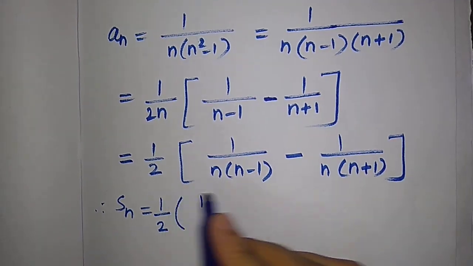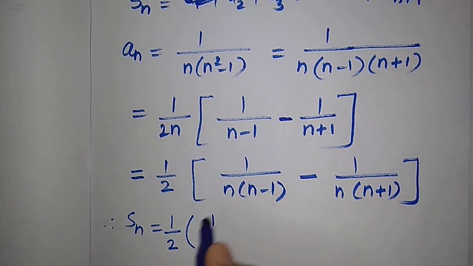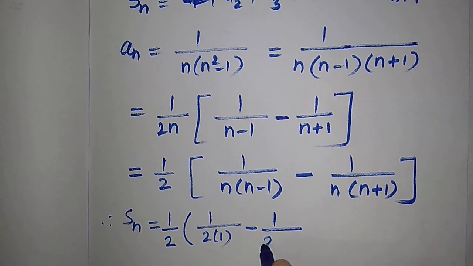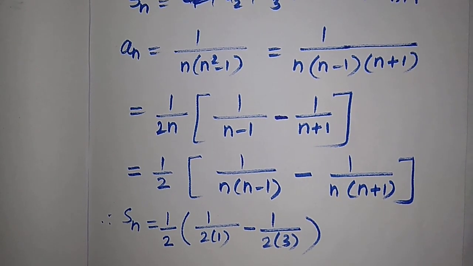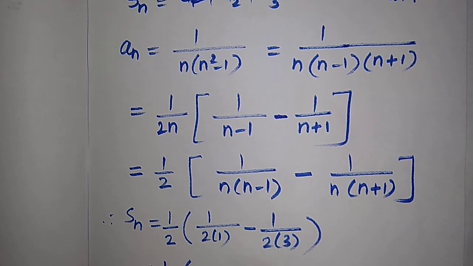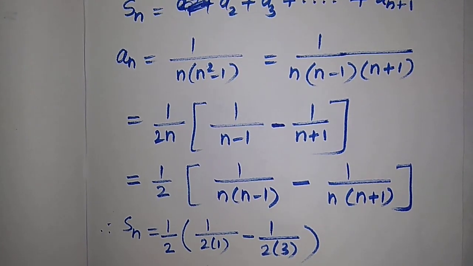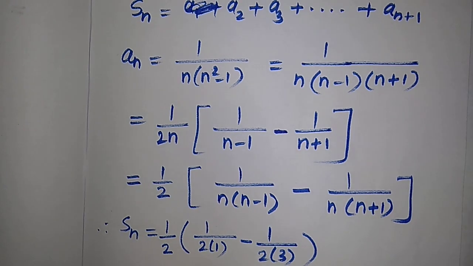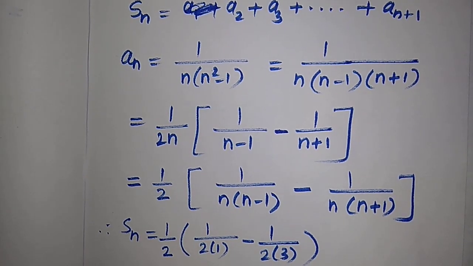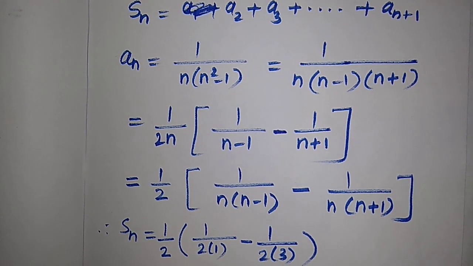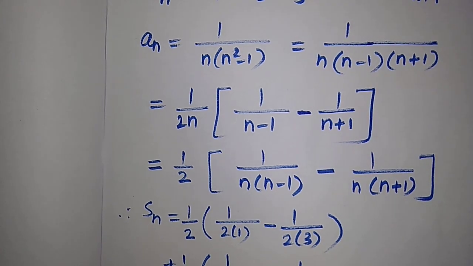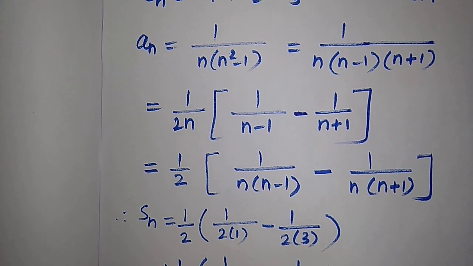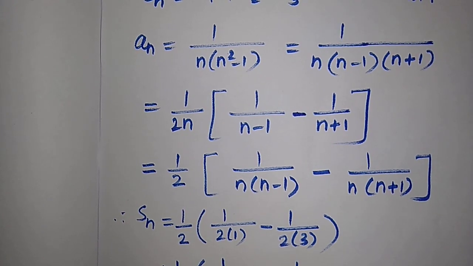When you put n equal to 2, it is 1 by 2 into 1 upon 2 into 1 minus 1 upon 2 into 3. Plus 1 by 2 into, when you put n equal to 3, we'll get 1 upon 3 into 2 minus 1 upon 3 into 4. Plus 1 by 2 into 1 upon 4 into 3 minus 1 upon 4 into 5.